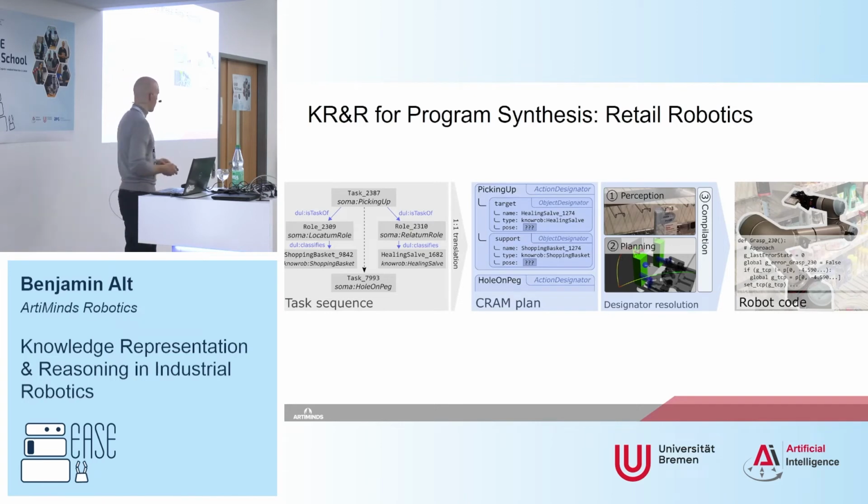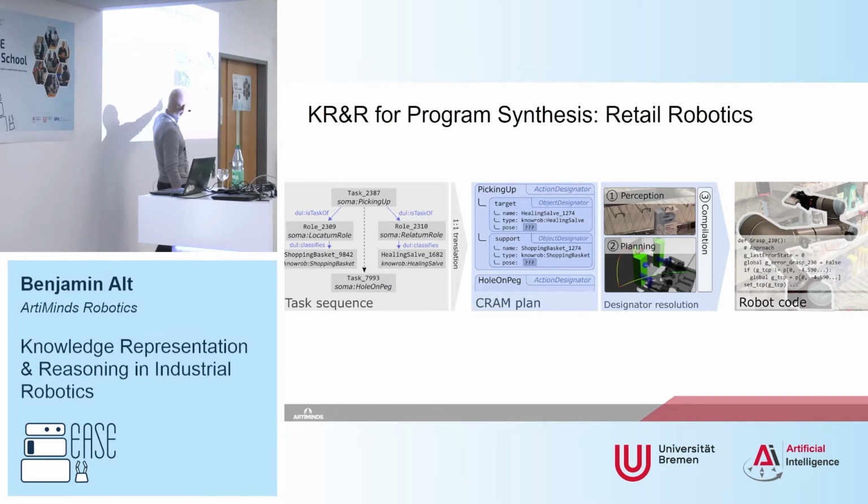And then we can use this rule base to infer a task sequence for all of our anonymous actions that we've seen, translate this one-to-one into a CRAM plan, and infer all the missing information, all the designators that have not been resolved yet. We can resolve them at runtime by using perception, for example, or by using knowledge from our knowledge base.